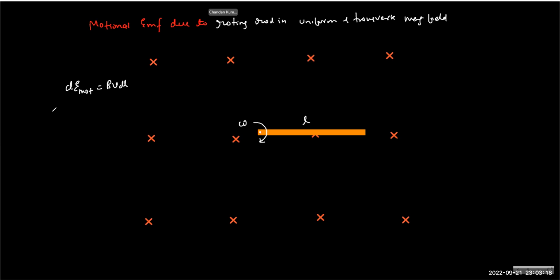Yeah, that's correct. So it is B, you can say, omega x dx. Let's say you move x and you cut a dx. So this dx element is moving with velocity v, and this v is omega into x.